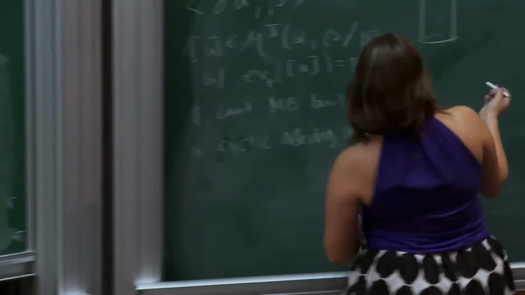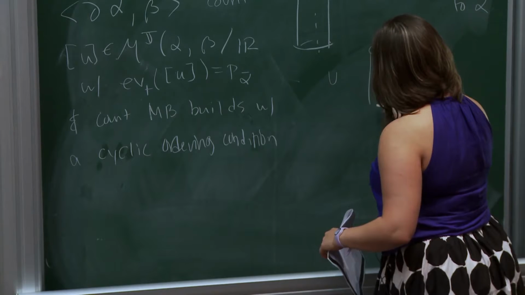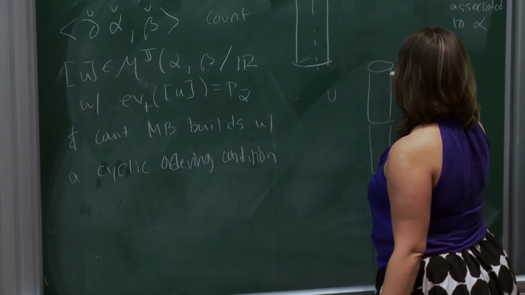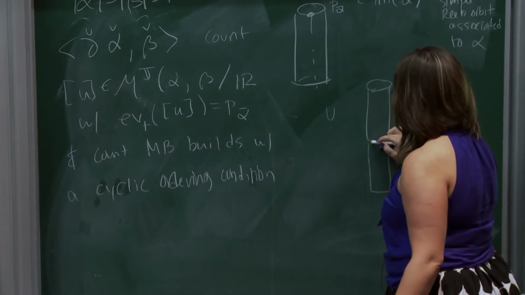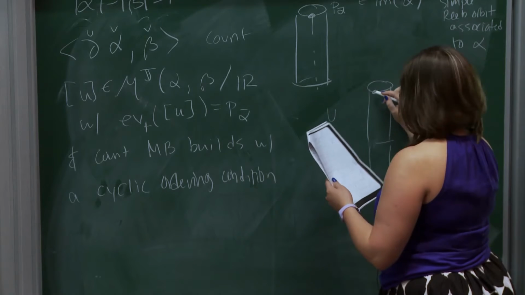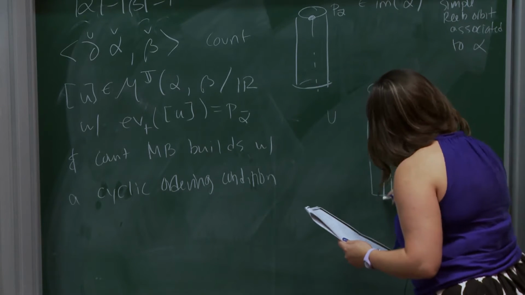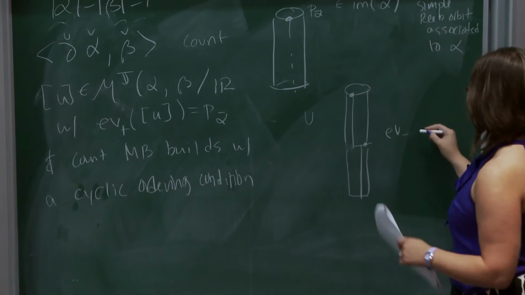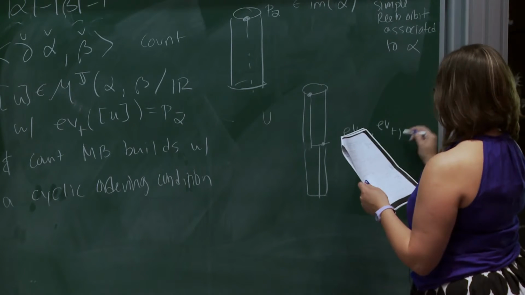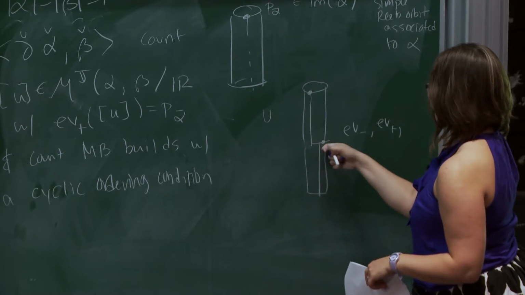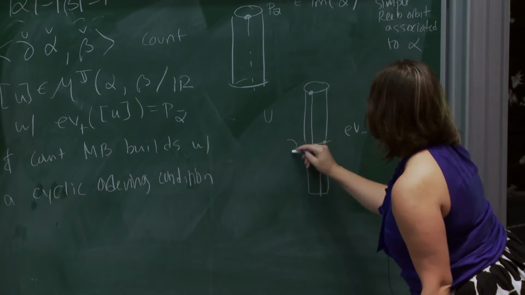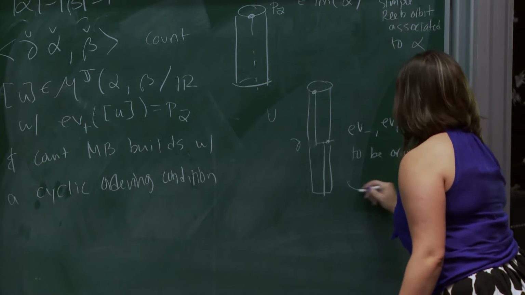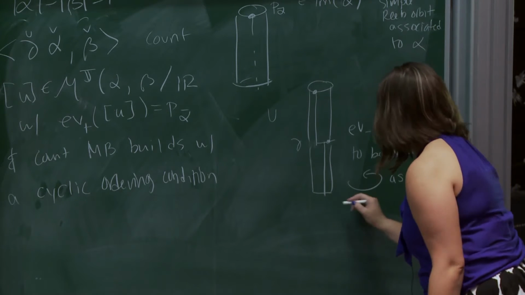And then we'll count these, and we'll also have some buildings that we have to count where you've got a cyclic ordering condition, meaning that you want ev minus of the top curve, ev plus of the bottom curve, and whatever point you're picking on this intermediate curve, let's call it gamma, to be ordered this way as you go around gamma.